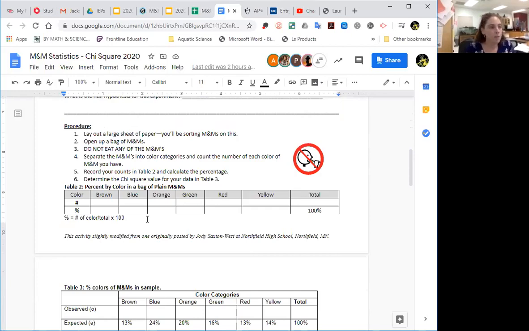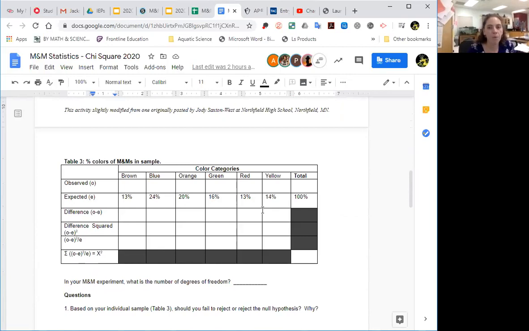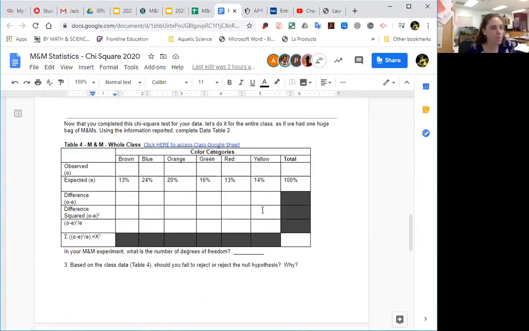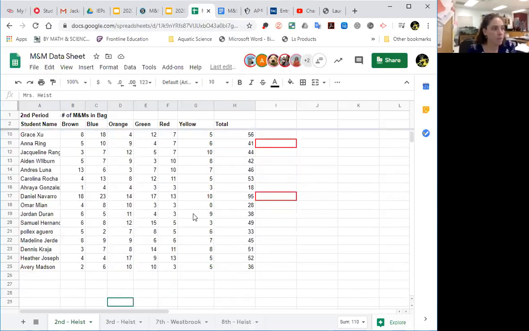So data table 2, you would need to record your numbers and your percentages. We'll come back to table 3. Table 4 is where we're going to calculate the class data together. So the observed, we come here.